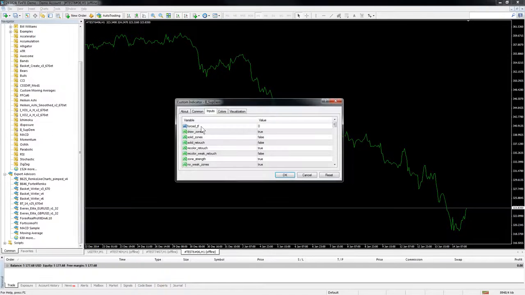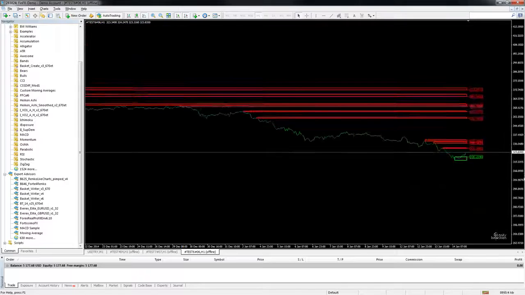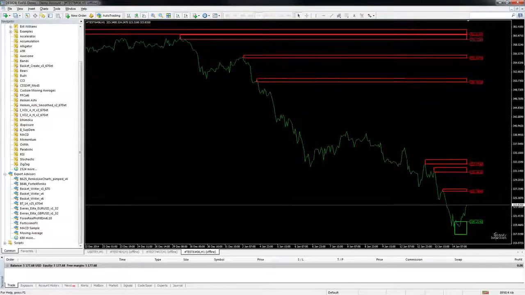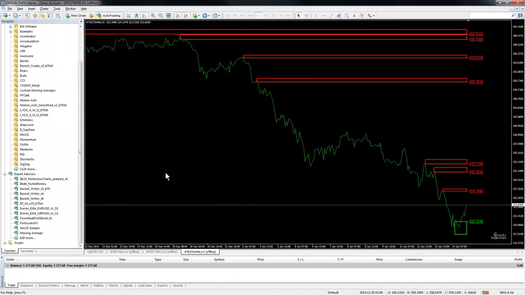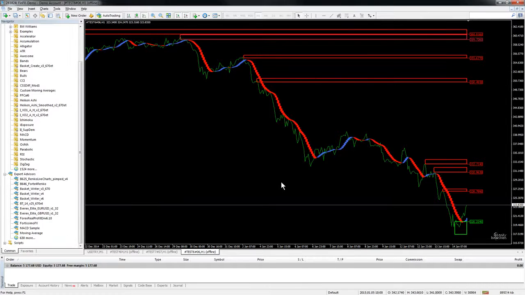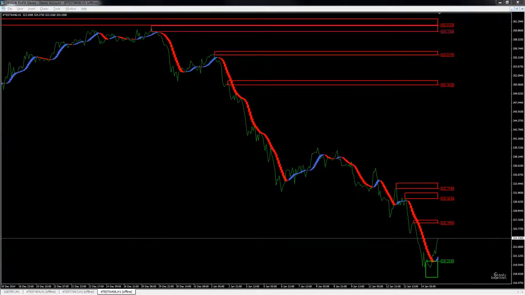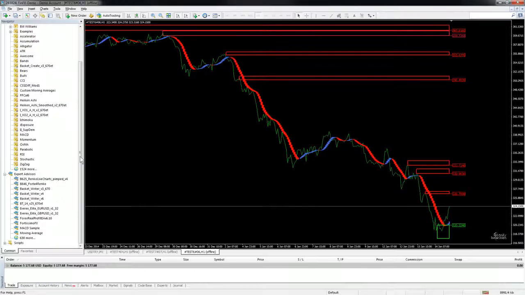And just for the heck of it, we throw this on there just for a quick look. I see nothing down below. And if you want to throw this on there, you can throw this on there. And we'll throw the basket trader on there.